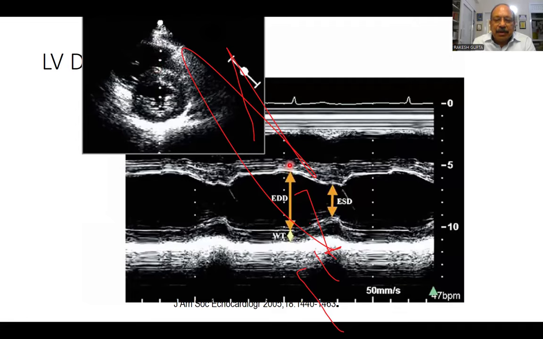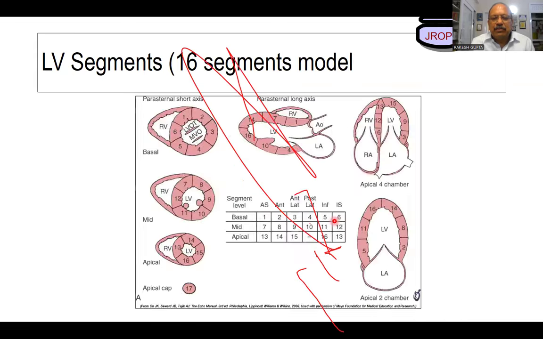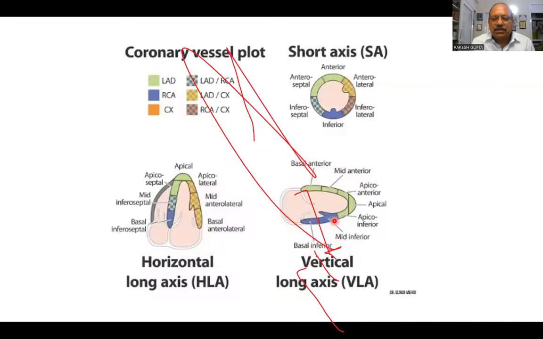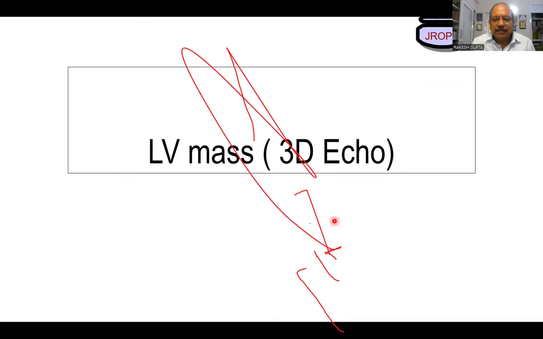I measure my septum, I measure my posterior wall, then I measure my internal dimensions of LV. Similarly, in systole, I measure my IVS, my posterior wall, then end systolic dimensions. Based on this particular image, the machine gives me LV mass, sorry, LV mass, not volumes.